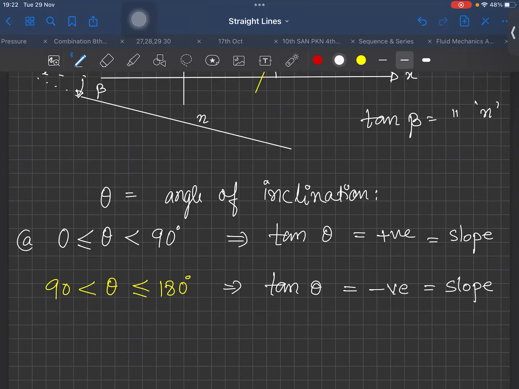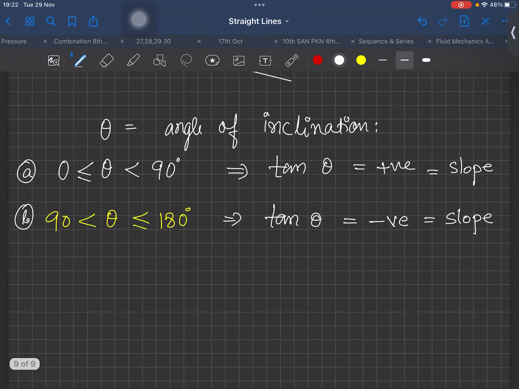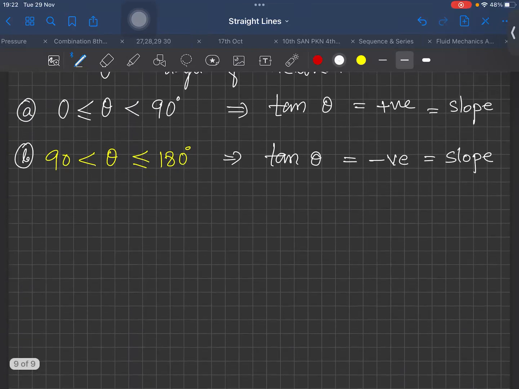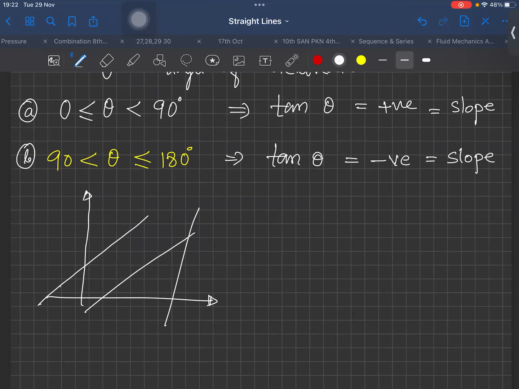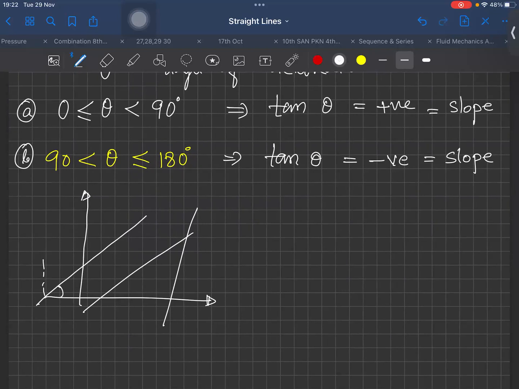So let's draw the examples, just in the first quadrant. These are all examples. Theta is always lesser than 90. For this one, how can we draw?